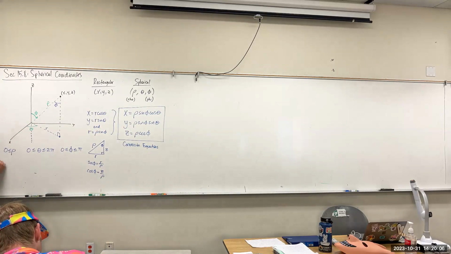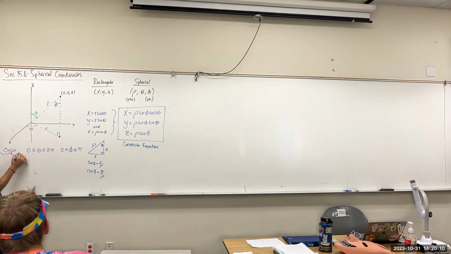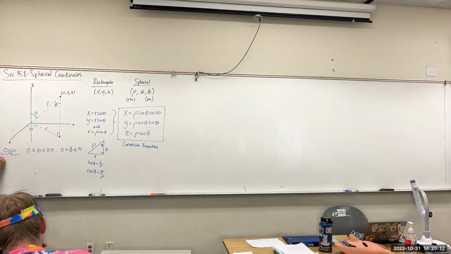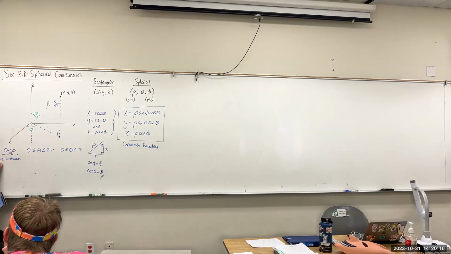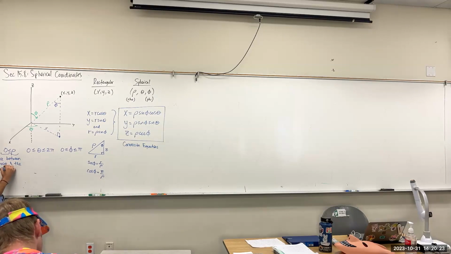All right, let's write some more comments here. Rho, let me just write what I said, is the distance between the point and the origin, which is why it's going to be positive. Can you see that, Sam?